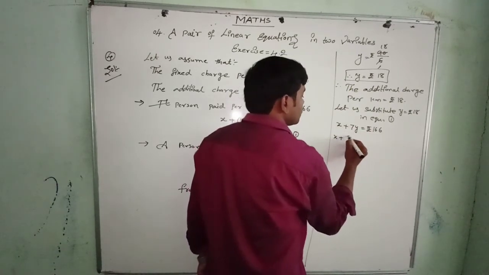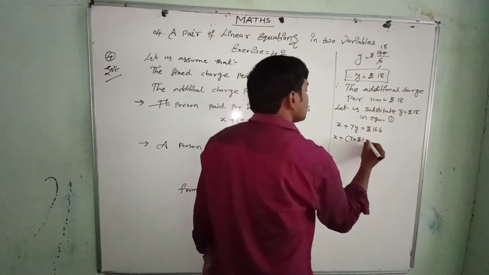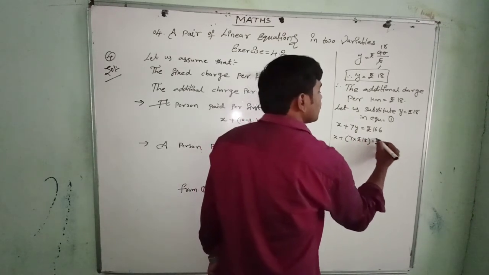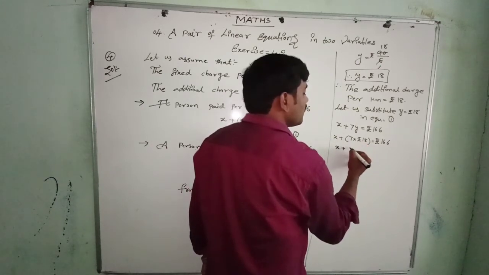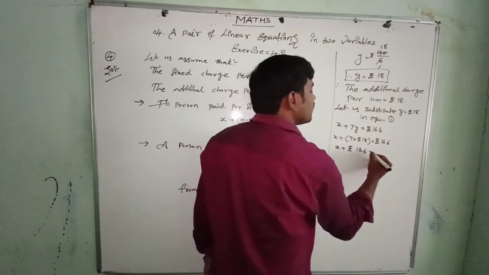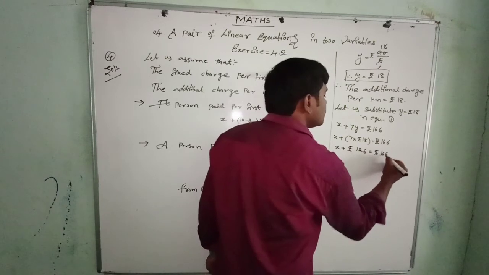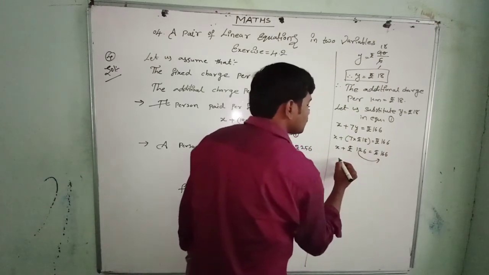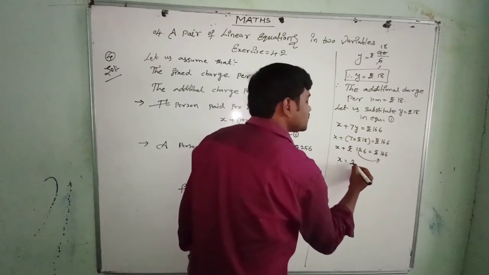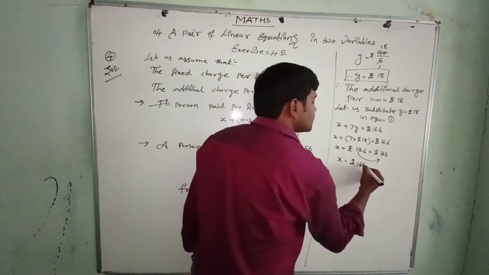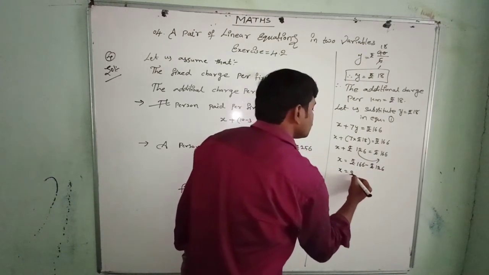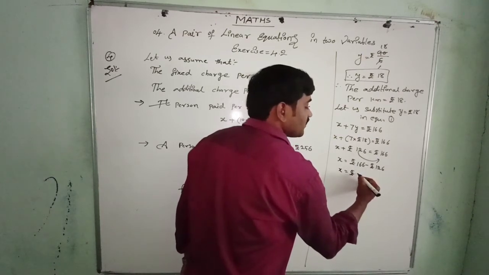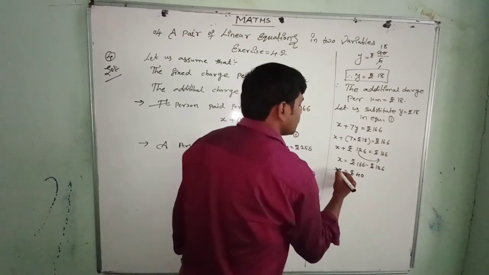Here x plus 7 into rupees 18 equal to rupees 166. 7 eights are 126, so x plus rupees 126 equal to rupees 166. This 126 you transfer this side so that we get the x value, that is rupees 166 minus rupees 126. That is x equal to rupees 40.